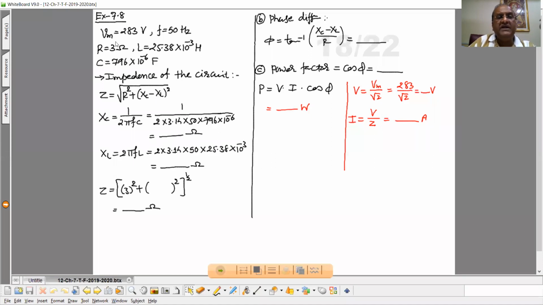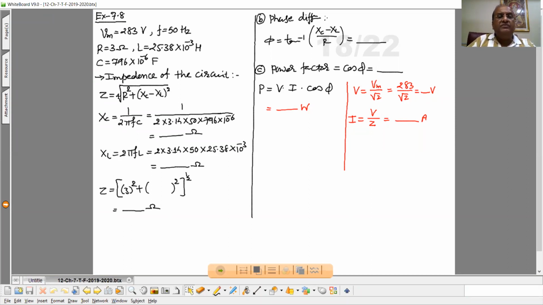Peak voltage that is 283 volt, frequency that is 50 Hz, resistance 3 ohm, inductor with inductance 25.38 millihenry, so into 10 raised to minus 3 Henry, capacitance of the capacitor that is 796 microfarad, that is 796 into 10 raised to minus 6 farad.